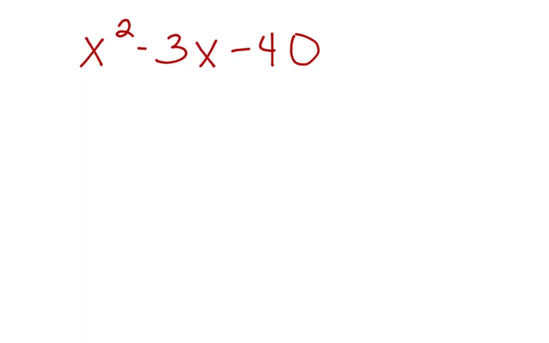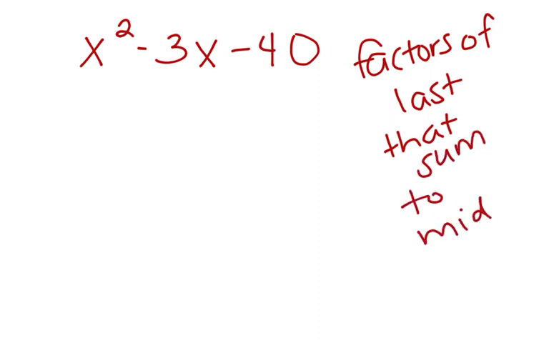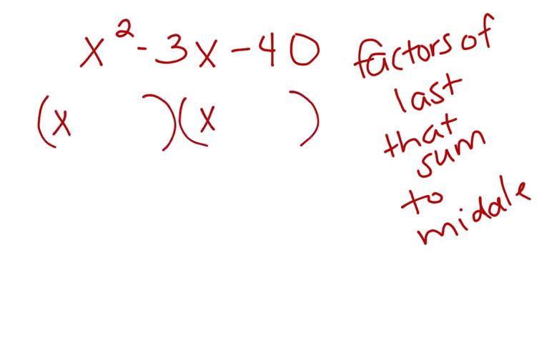And so you're looking for factors of the last term that sum to the middle. So I put 2 sets of parentheses, and my first term is x. And the second term, in this case, I'd have negative 40, so I'm looking for the factors of negative 40 that sum to negative 3, which would be negative 8 and positive 5.